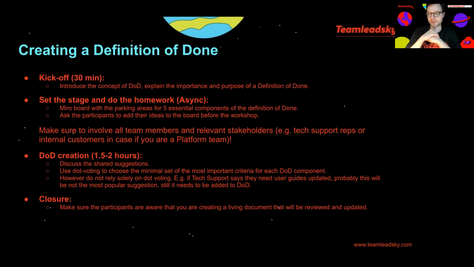And by relevant stakeholders, I mean that if your stakeholders are internal, let's say you're a platform team and you're developing the capabilities for the other teams, then bring them in, because they can provide some very good insights into what you have to include in your definition of done to make them a satisfied customer.